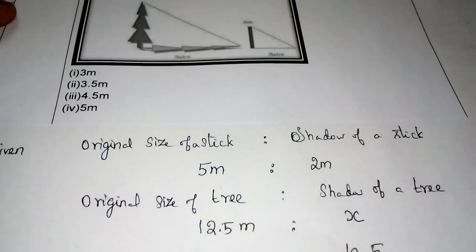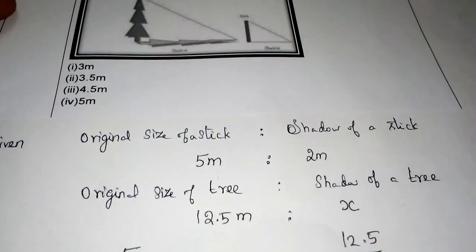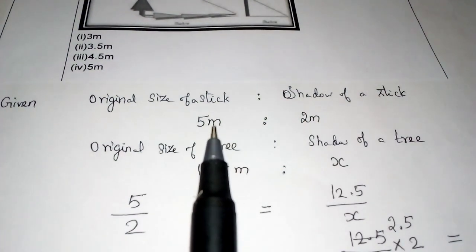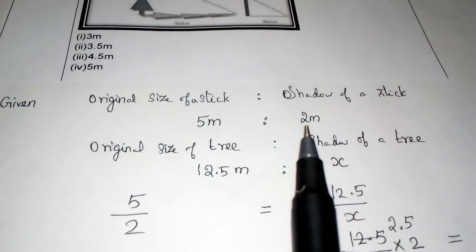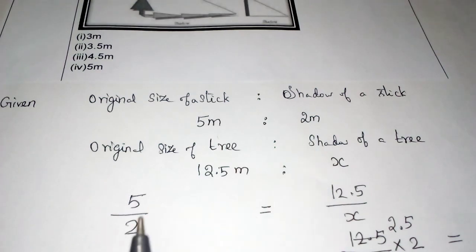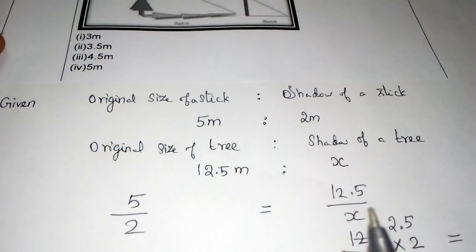We need to find the shadow of the tree. Writing the ratio in A by B form, 5 meter is to 2 meter is 5 by 2, equal to 12.5 by x. So we need to know x.